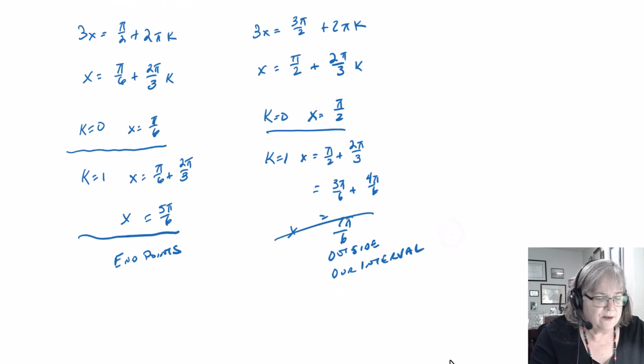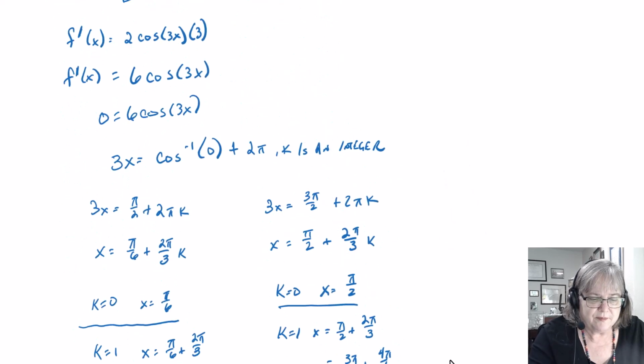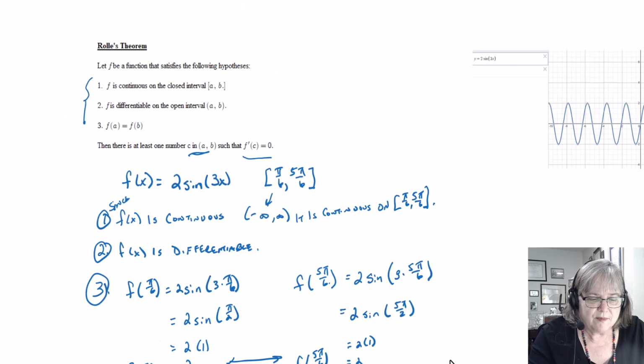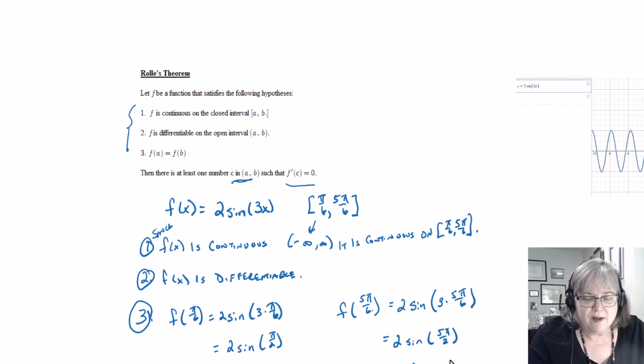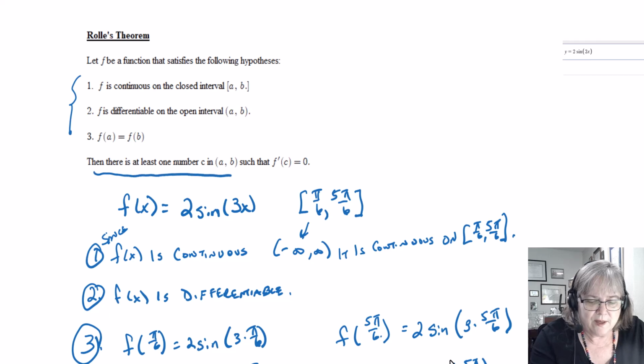So we need to exclude that. Okay? So let's go back up here to this statement. And it says, then there is at least one number c in the open interval such that the derivative is equal to 0.